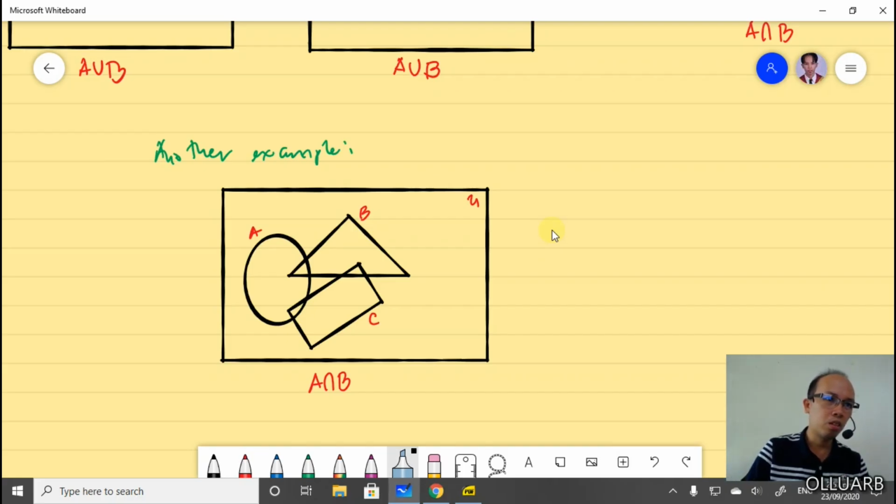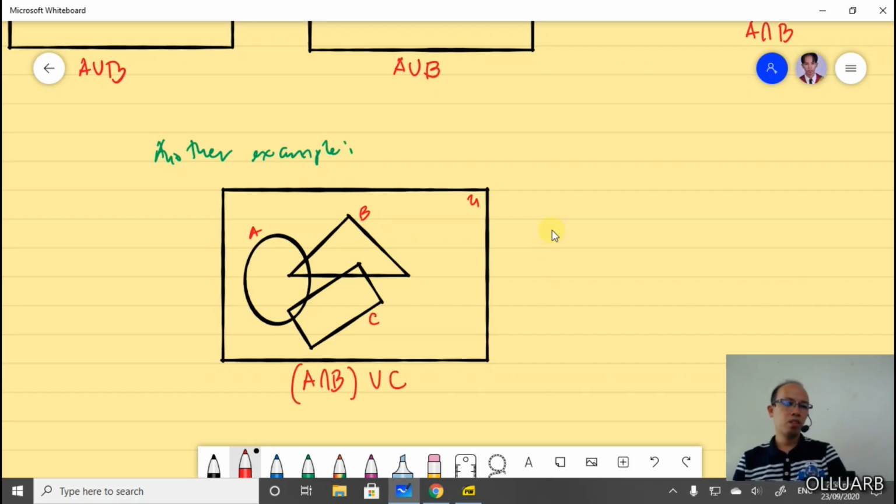So the answer is this one, A intersection B. But if you are asked, let's erase that one, for example, to get A intersection B, let's say union C.